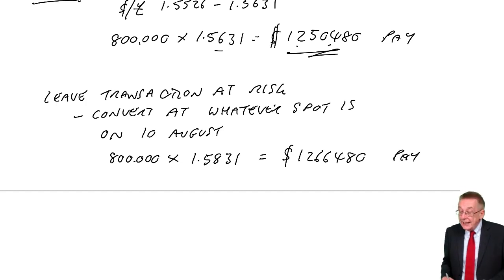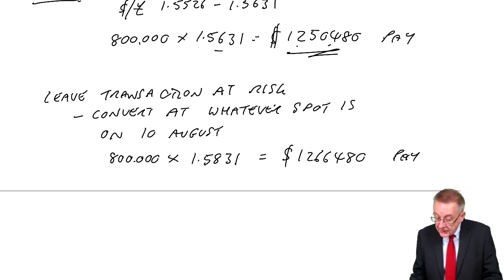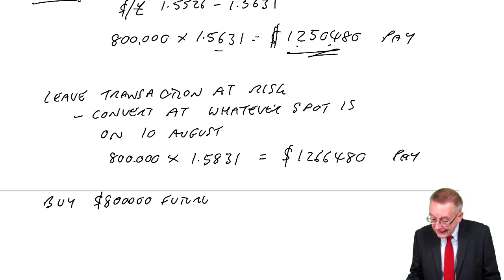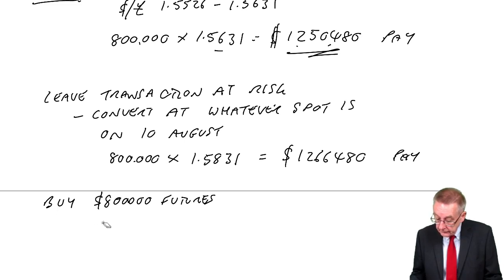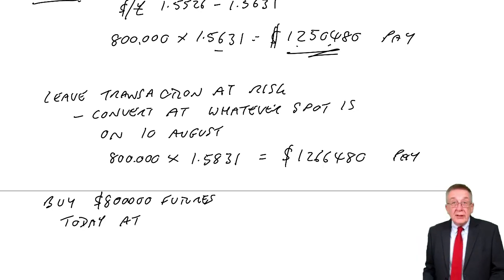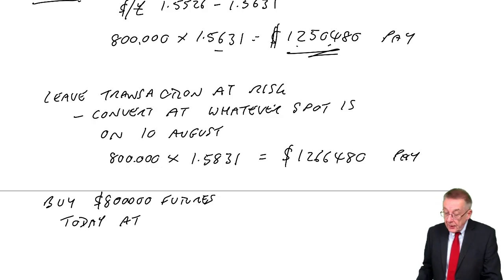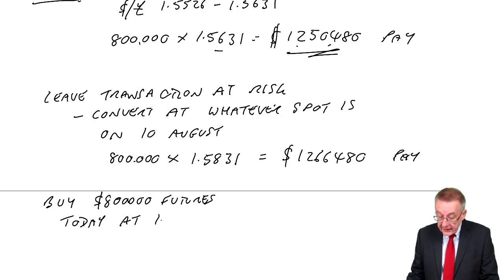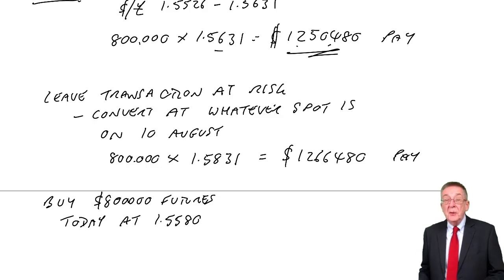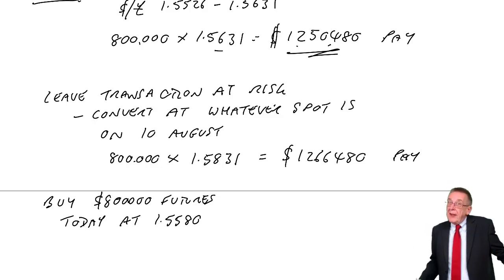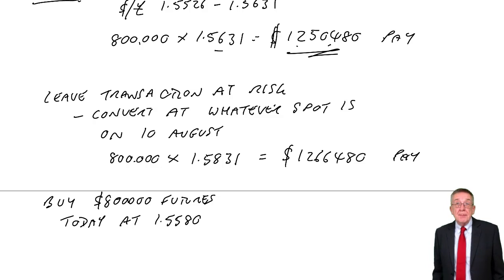And so today I'll ring the dealer and I'll say, buy me $800,000 worth of futures today at whatever today's price is, and it says the price is 1.5580. That's the rate effectively quoting if you wanted to convert it in September.